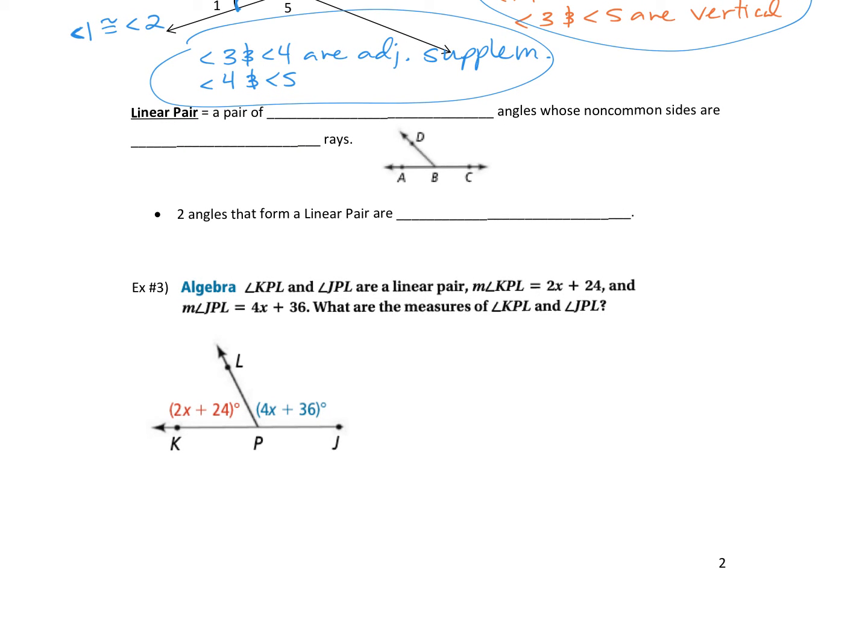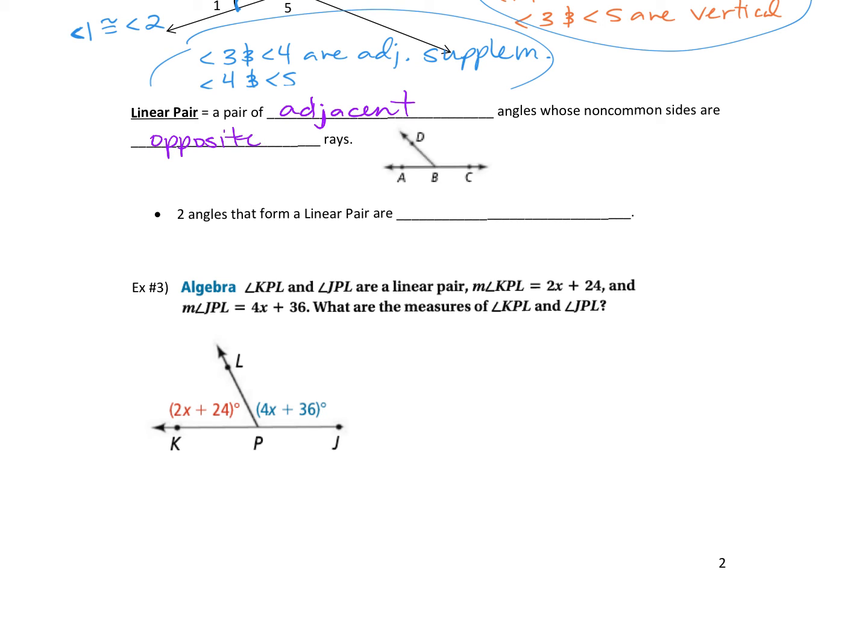Next thing. A linear pair is exactly what it sounds like. It is a pair of angles that are in a line. You're going to see a lot of linear pairs in geometry in general. The definition is a pair of adjacent angles, meaning angles next to each other, whose non-common sides are opposite rays.